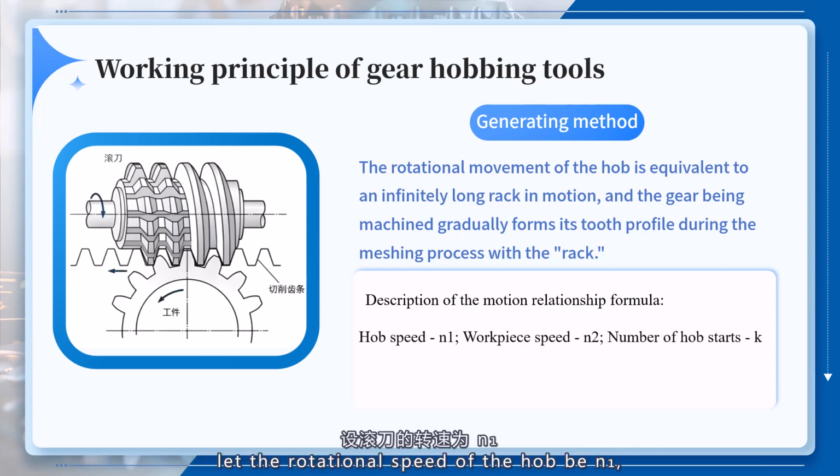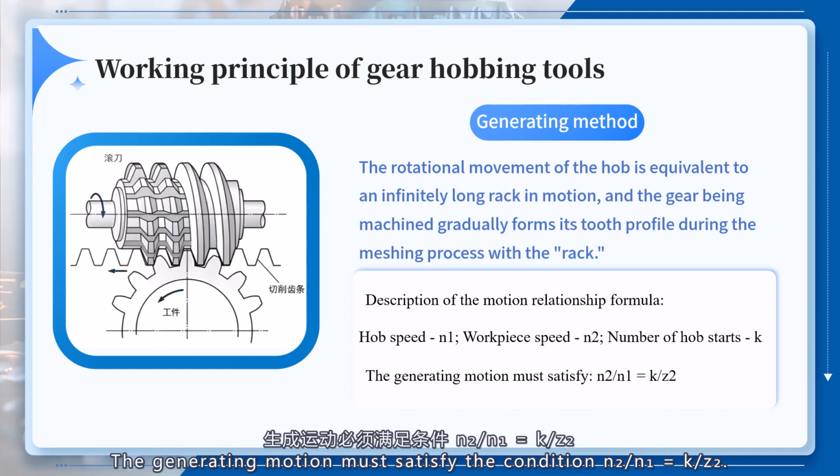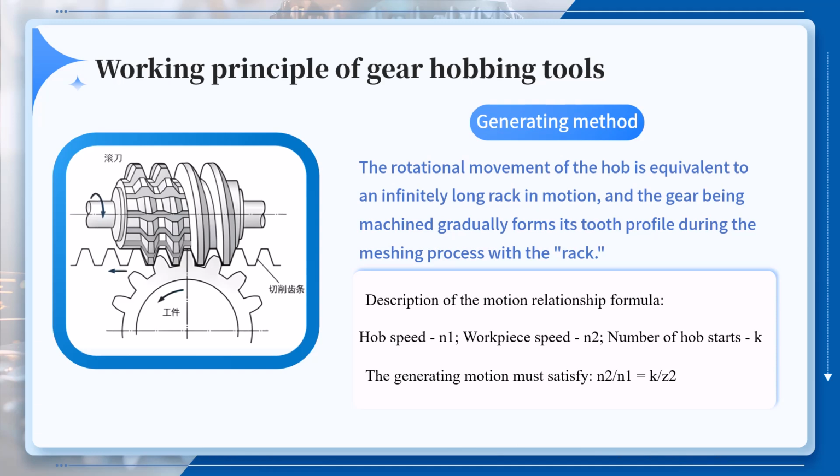Let the rotational speed of the hob be n1, the rotational speed of the workpiece be n2, and the number of threads on the hob be k. The generating motion must satisfy the condition n2 / n1 = k / z2.